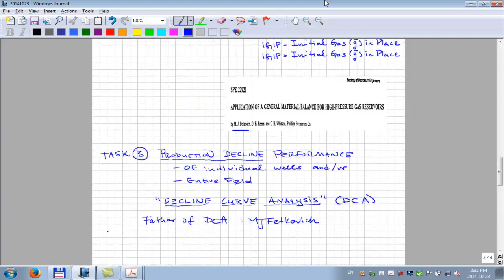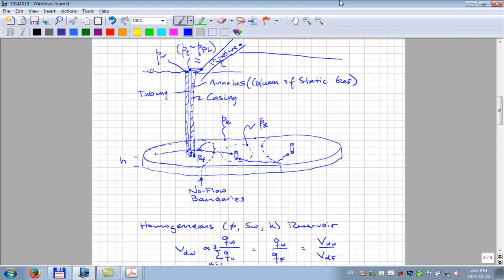Up here we showed you that the actual outer drainage area may look like a circle, may not look like a circle, but we're going to assume it's a cylinder, a circle approximately. So we're going to make an assumption that even this middle well has a drainage area that kind of looks like this.